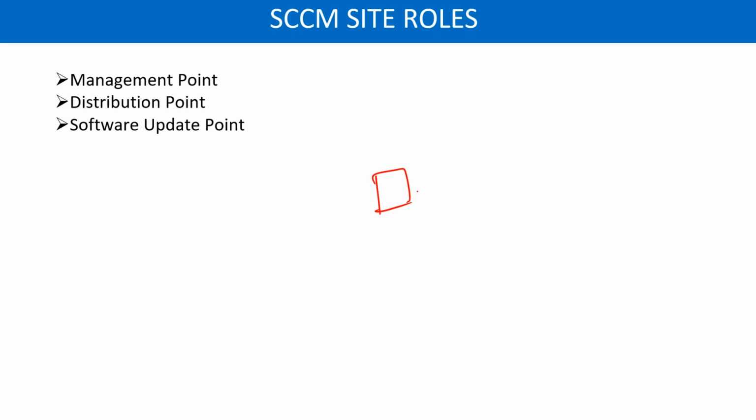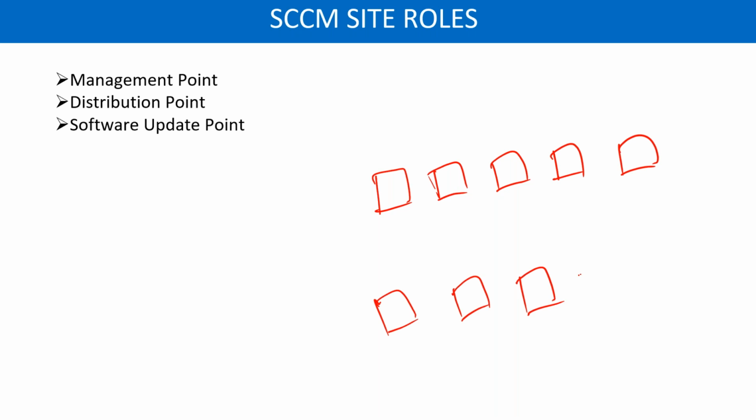So we don't want our systems to get hampered, right? So Microsoft recommends that whatever Windows computers you have, you must update those computers on a regular basis. Let's say I have 20,000 computers in different regions, 40,000 computers all over the globe. Now these 40,000 computers, I need to update them on a regular basis.